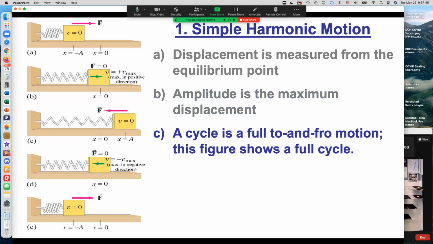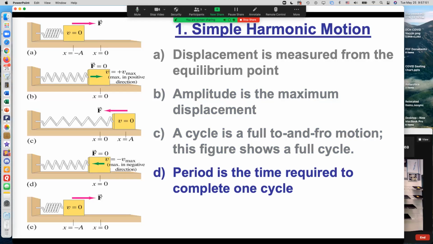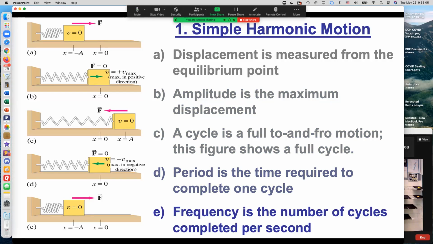A cycle is a to and fro motion, and this cycle shows a full to and fro motion. Period is the time required to complete one cycle. Time is in what units? Seconds, right. Frequency, on the other hand, is the number of cycles completed per second.